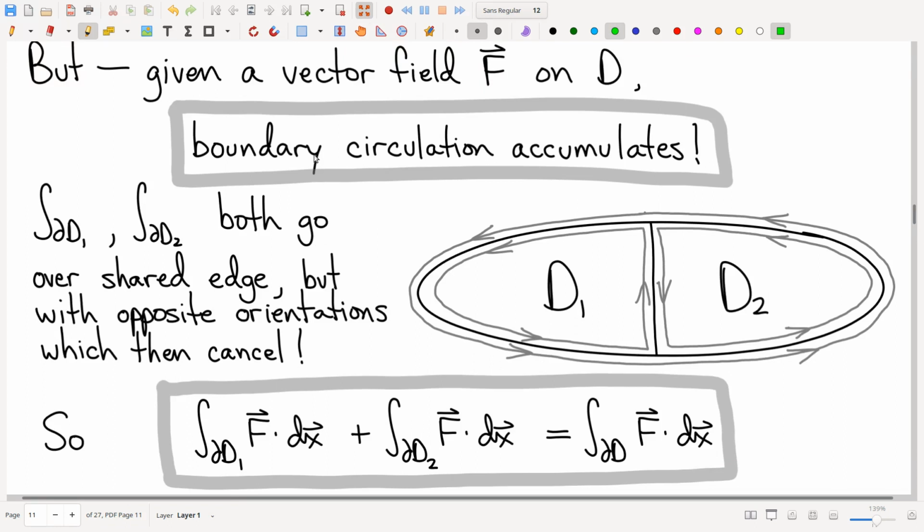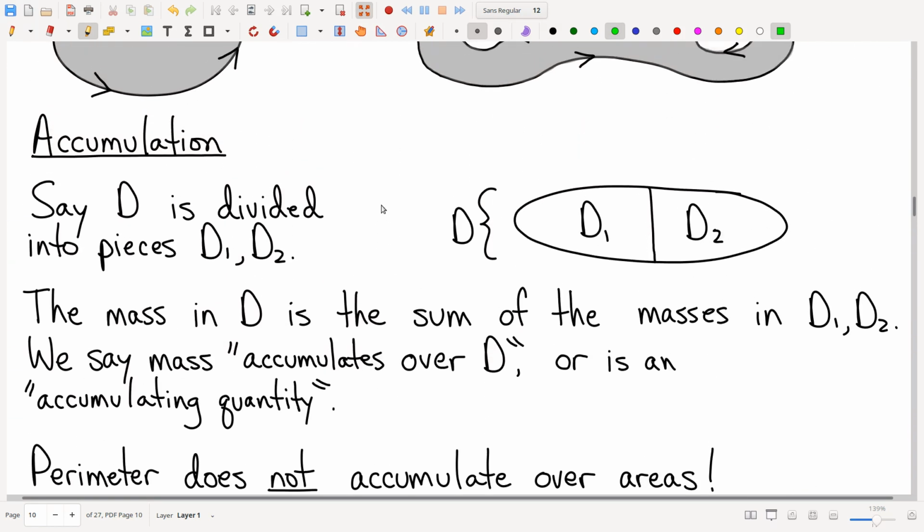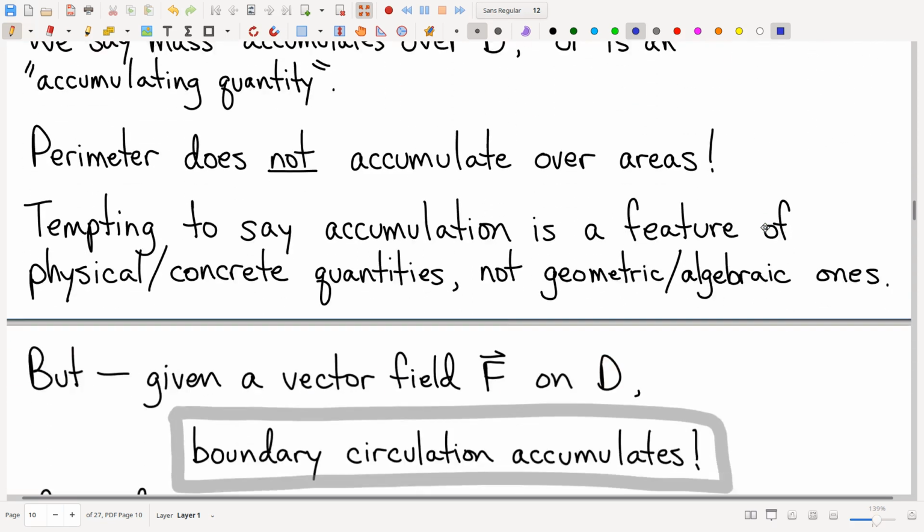Specifically, let me go back to that real quick: it accumulates over area, in the sense that if you look at a whole area and divide it up into two smaller pieces of area, then the quantity in question associated to each of these smaller pieces, those two quantities add up to the quantity in question for the whole. So again, mass is an obvious thing. If you take mass and you cut it in half, it's the same total amount of mass, right? So of course it's an accumulating quantity.